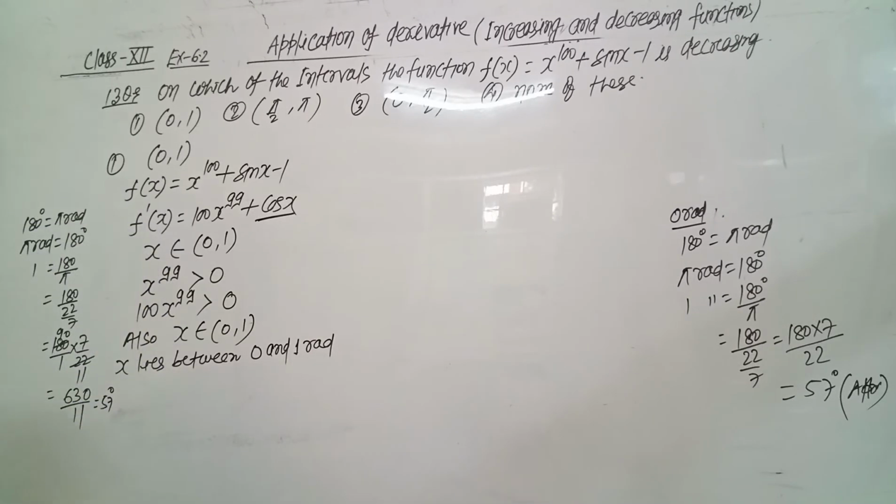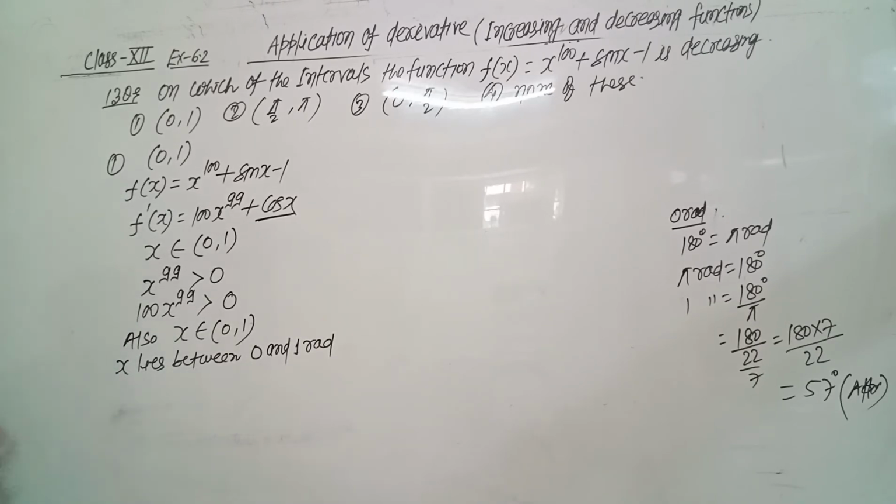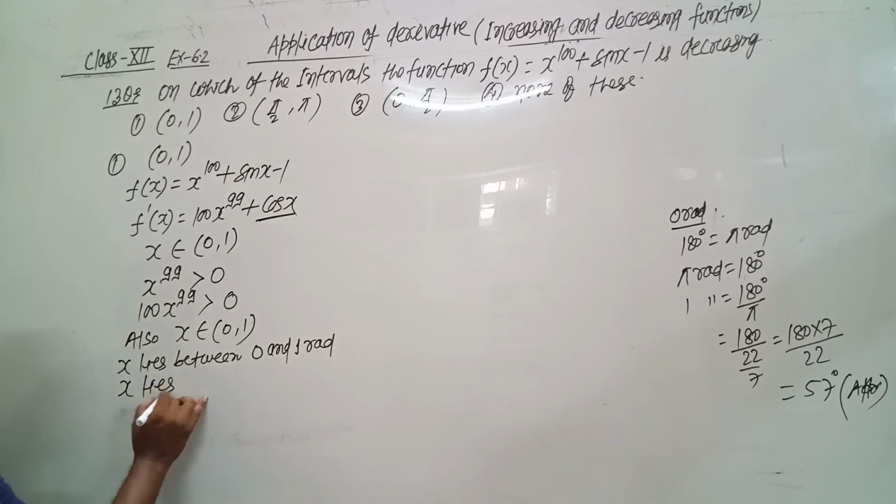So it means x lies between 0 and 1 radian. Then we can say that x lies between 0 and 57 degree.